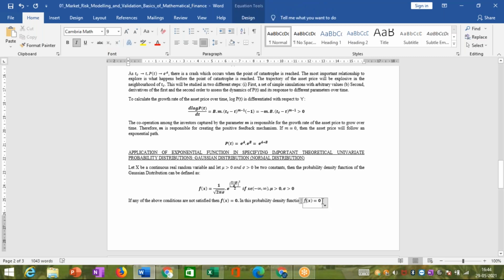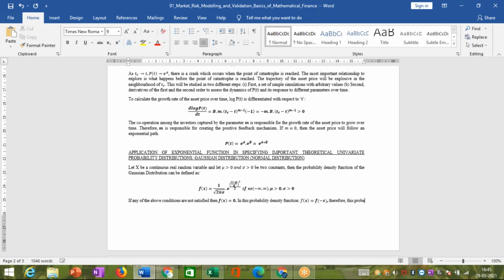Therefore, this probability density function, or as we call it, the PDF, is an even function, and hence symmetric.